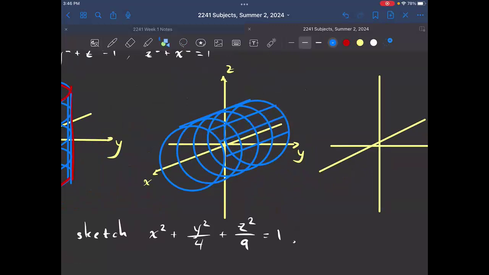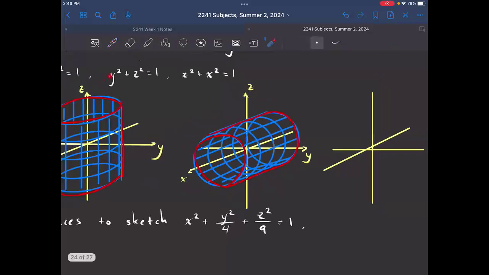Let me get these grid lines right here. Then we can move on a little bit. There we go. Okay, so good enough. And now we can do our outline. And that's our y squared plus z squared equals 1 equation.